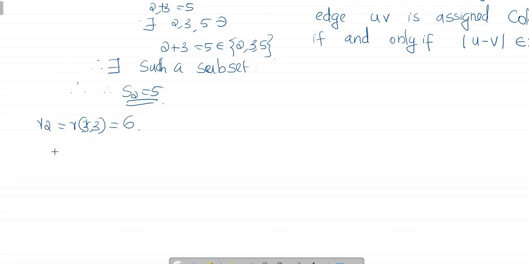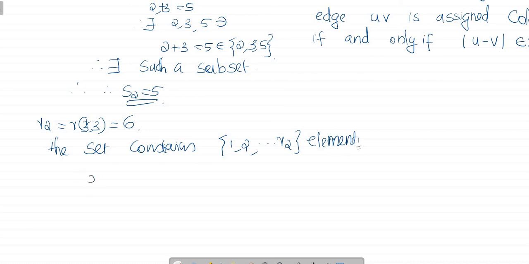So, by using our theorem, we have the set containing 1, 2, etc. up to R2 elements. So S2 is always less than or equal to R2, because S2 is a subset of R2.